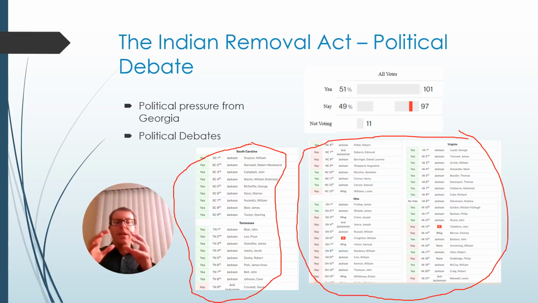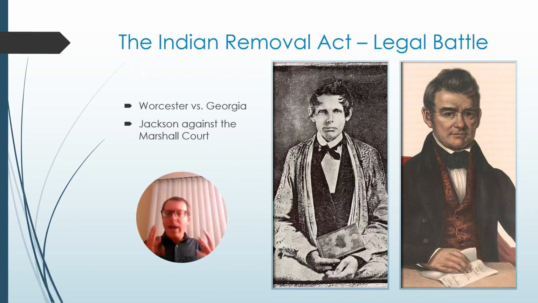So what you're seeing here is that Andrew Jackson, with the support of plantation owners and people who support slavery, or at least people who are neutral on slavery in the West, with the support of Westerners and Southerners, is able to pass the Indian Removal Act barely. And this is what inaugurates this incredibly radical policy.